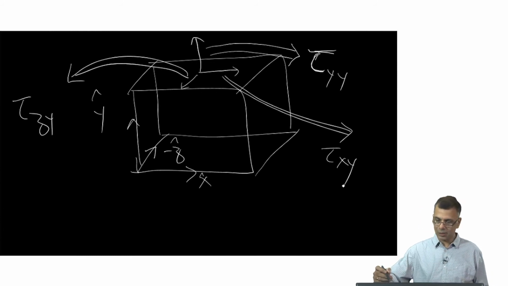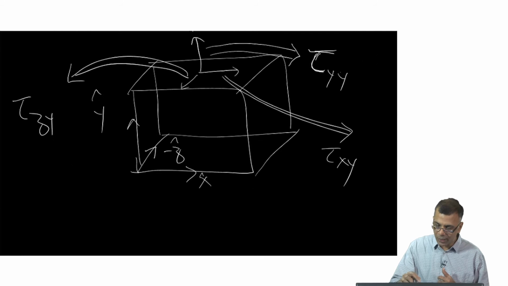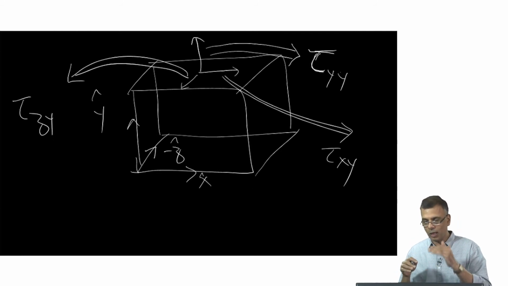What this means is the second y, this y here, denotes the direction of the outward normal of the face you're talking about. That's why you have a y here and you have a y here also. Whereas the first y here denotes the direction of the force. So, this is a force acting in the y direction on a face whose outward normal is also in the y direction.